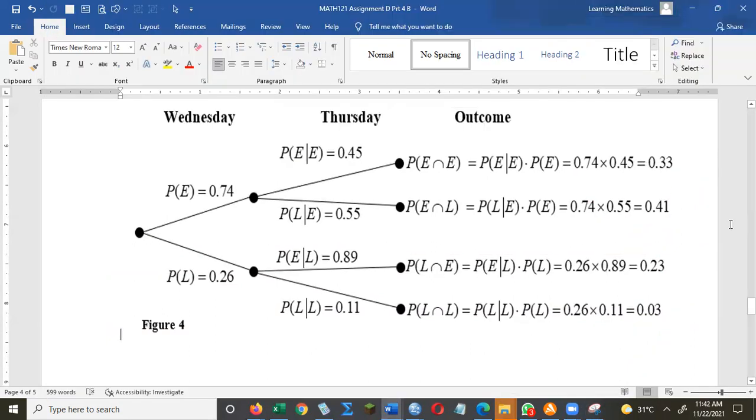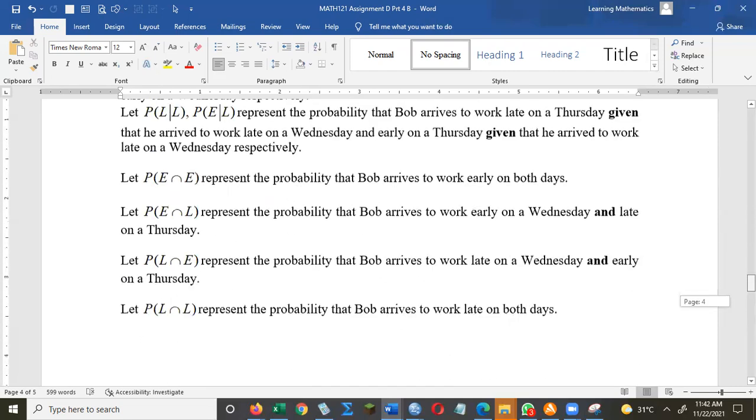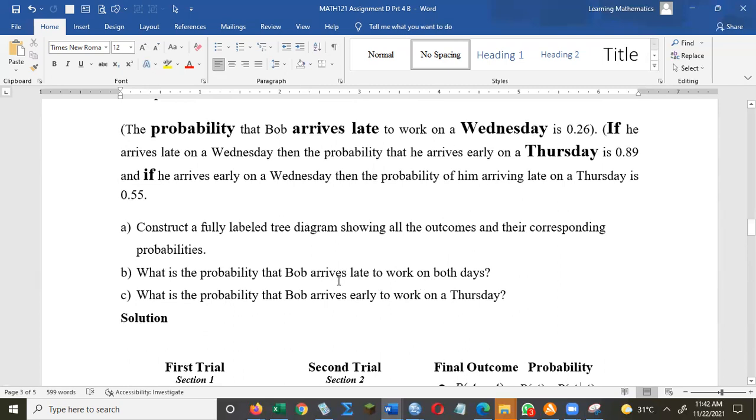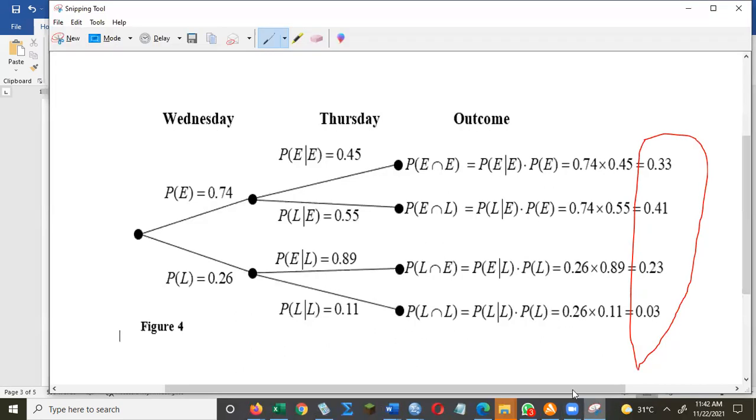For example, it says, what is the probability that Bob arrives to work late on both days? This is a sentence, words: both days. Both days can be symbolically represented. Which symbol here represents late on both days?